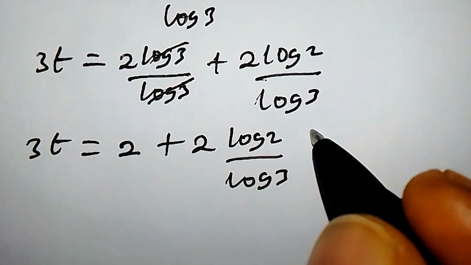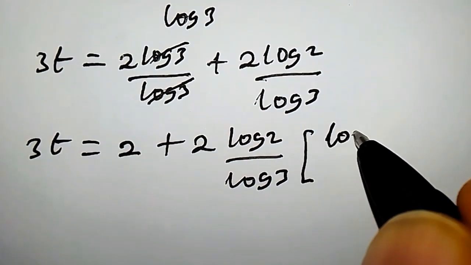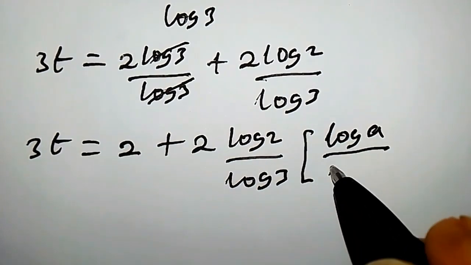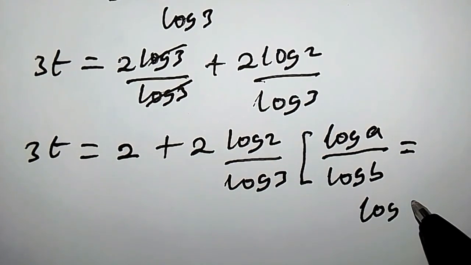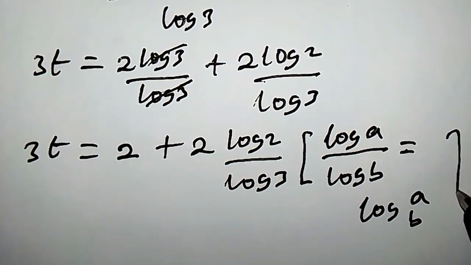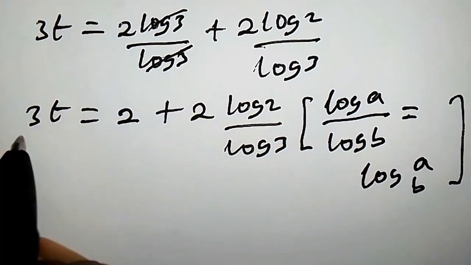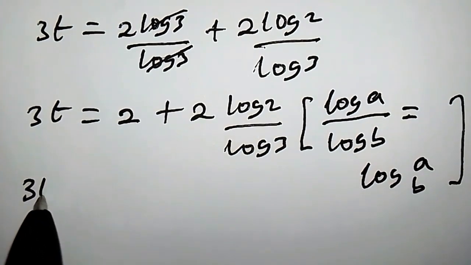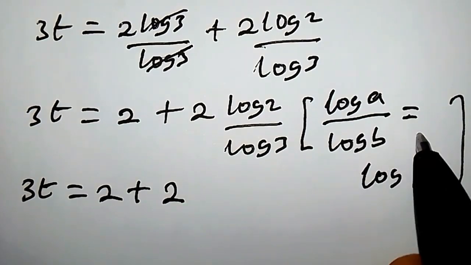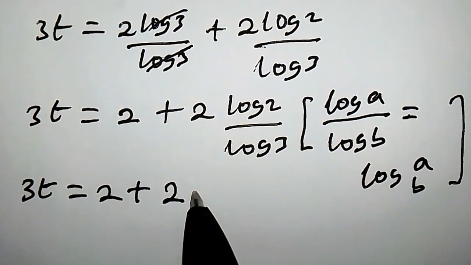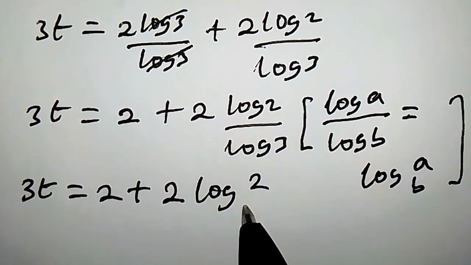Recall that whenever we have log a divided by log b, this is equal to log a base b. Have this property in mind. So from here we have 3t equal to 2 plus 2, applying this property to this, we have log 2 base 3.